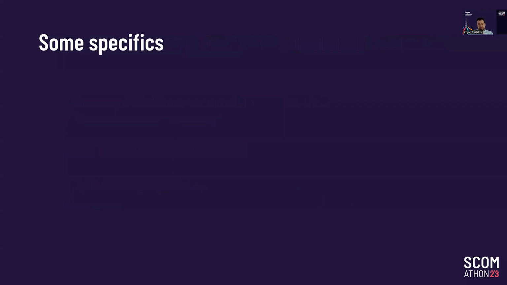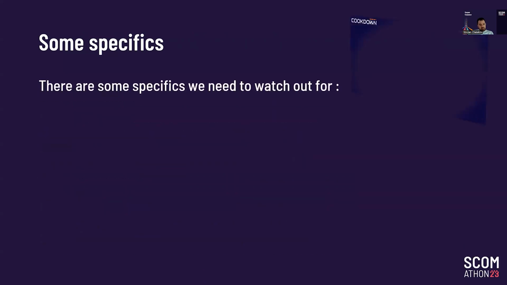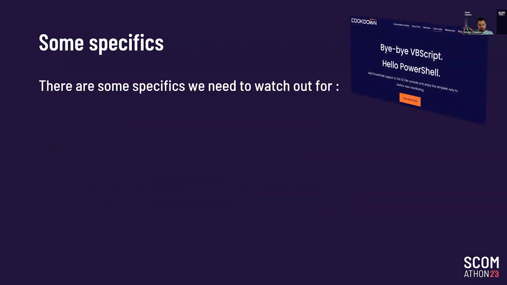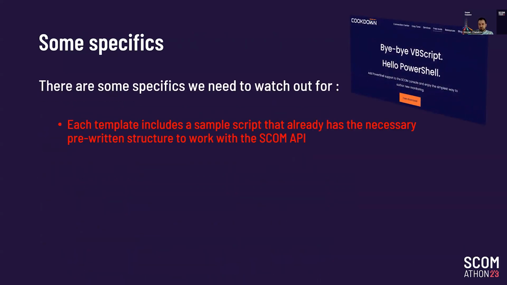Before diving into specific use cases and conducting a brief demo, let us look at some of the specifics associated with the PowerShell management pack and the PowerShell-based workflow authoring in general. Each template comes with a script that includes the necessary framework to work with the SCOM API.